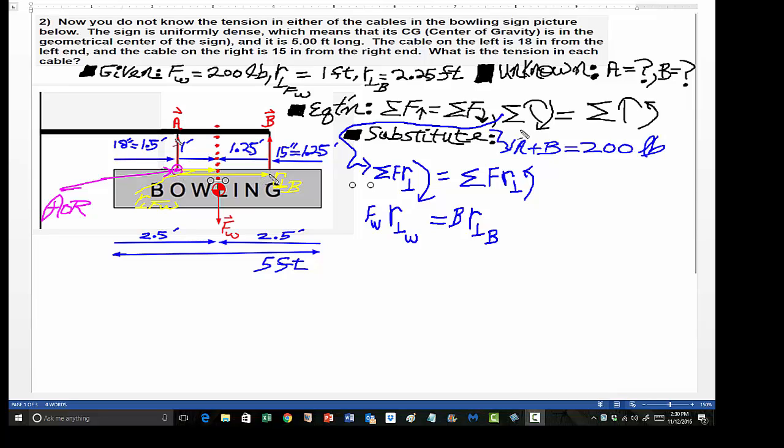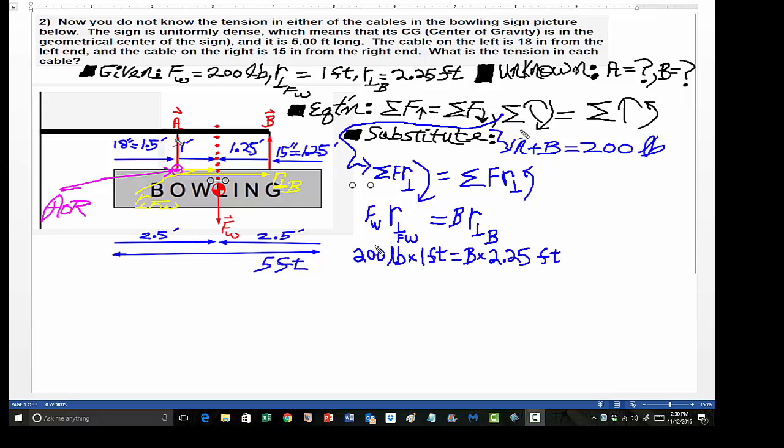Then note that force vector B, acting this way upwards, would tend to rotate the sign about the pin in a counterclockwise direction. The only counterclockwise torque is that of force B. We write force B times the moment arm for force B.